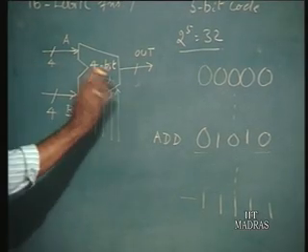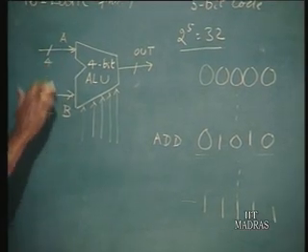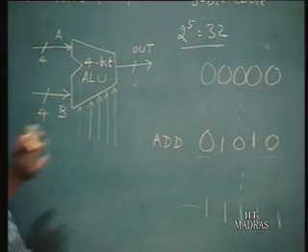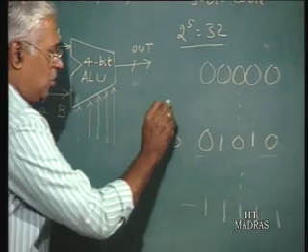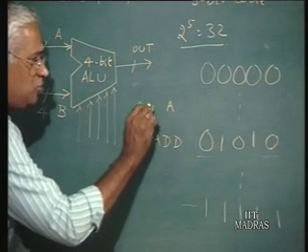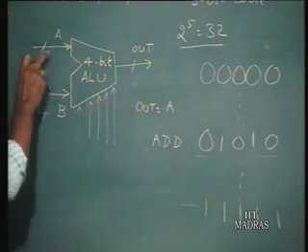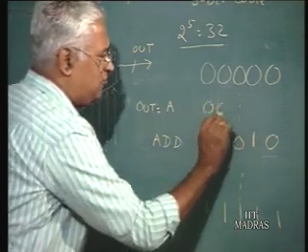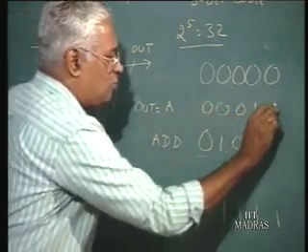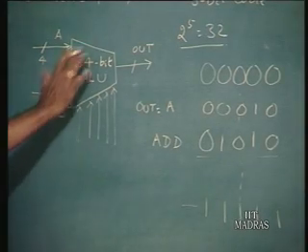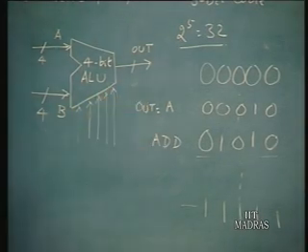Given two sets of data A and B, I am just assuming there is some function which simply passes on onto the output leg the one which is on the A. Now there may be another code for this. Now let us just say this is the code for that, and so on and so forth. Like this, you can go on defining different functions.